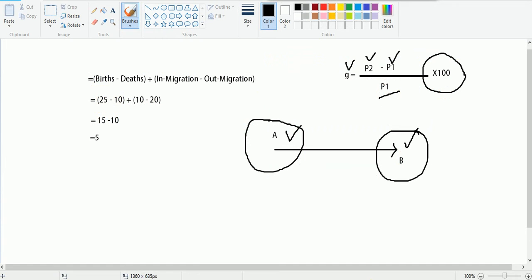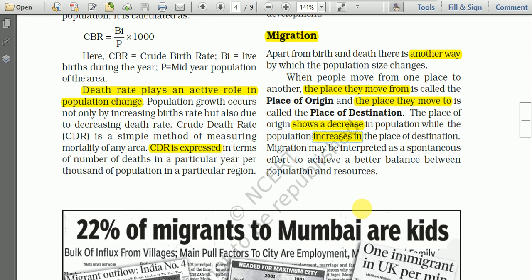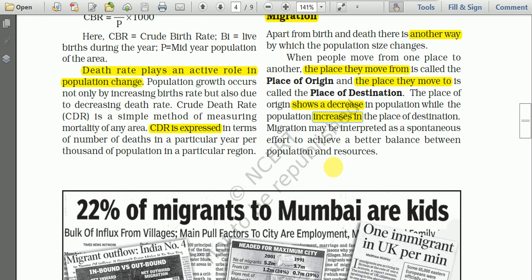So in simple words, in case of A there may be a decrease in the number of people, and in case of B there will be an increase in the number of population. Migration may be interpreted as a spontaneous effort to achieve a better balance between the population and resources.